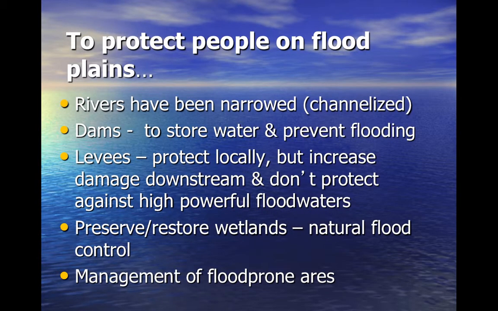But with floodplains, we do want to protect them. So some of the things we've noticed: rivers have been narrowed, and dams have been created to store water and prevent flooding, to allow natural flow of the water. Natural levees or artificial levees, that means concrete levees, have been set up to protect areas.